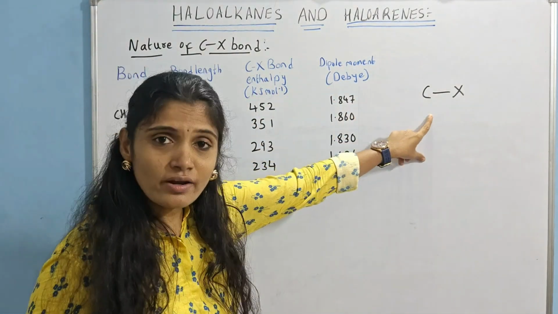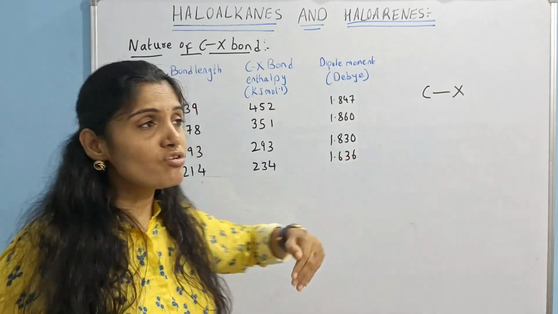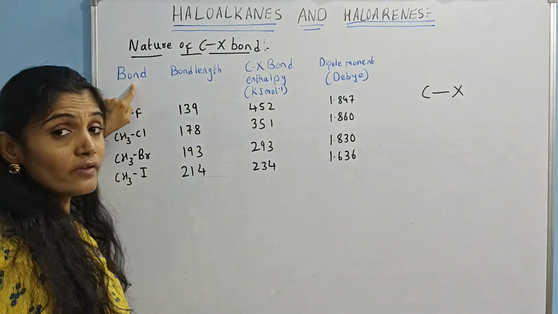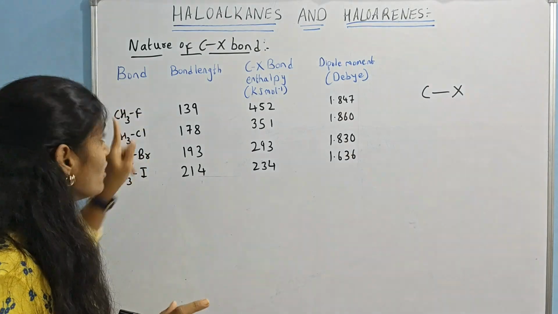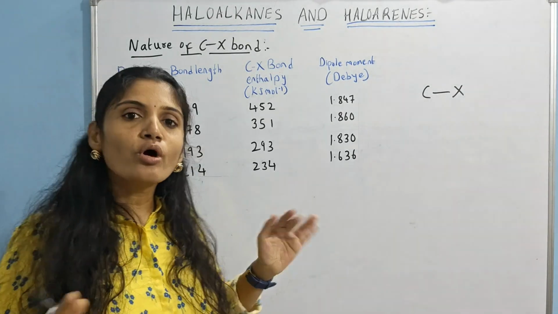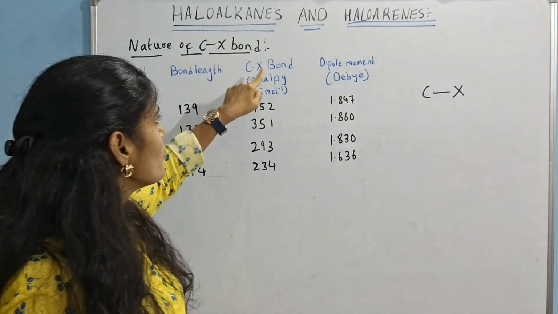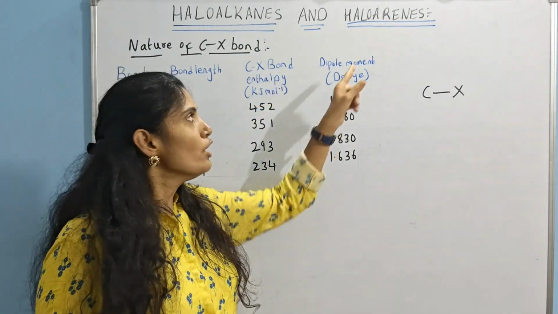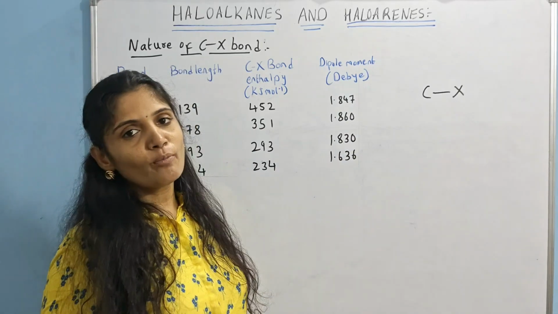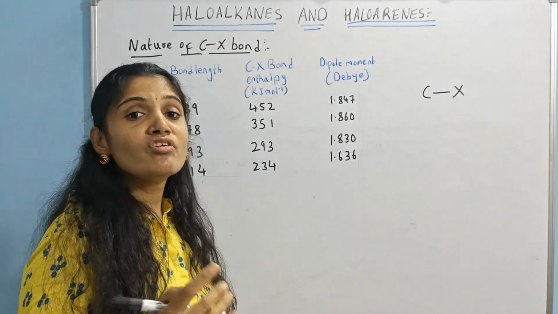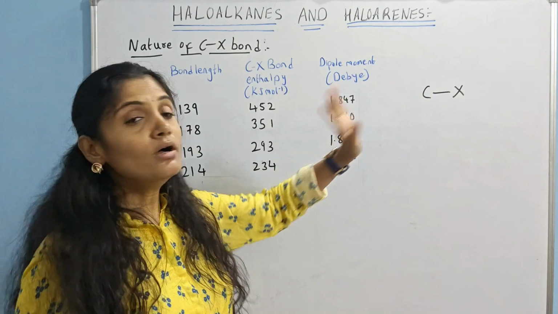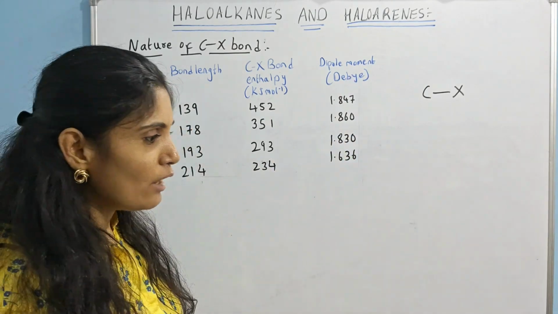You can reflect on bond length, bond enthalpy, and also the very important property, dipole moment, which is the direct reflection of the polarity of the carbon-halogen bond.